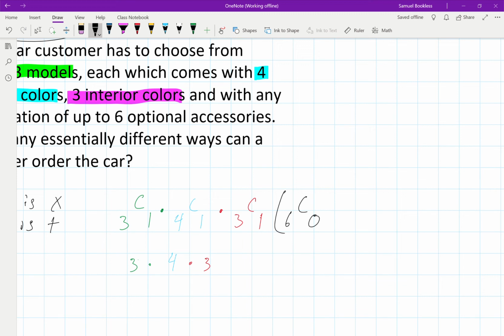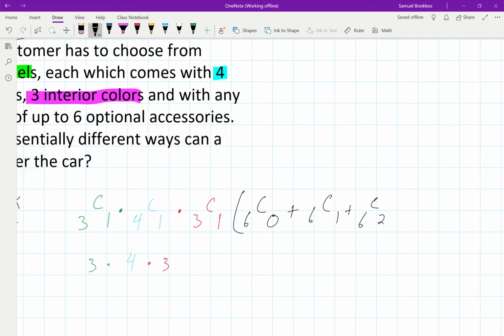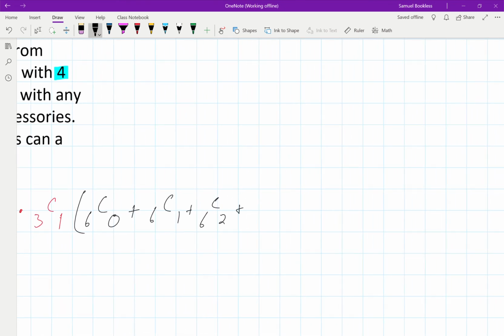So I could say 6C0. Or, so plus sign here, I have 6 options, and I could choose one of them. Or I have 6 options, and I could choose 2 of them. Or you guys see where this is going. 3 of them.